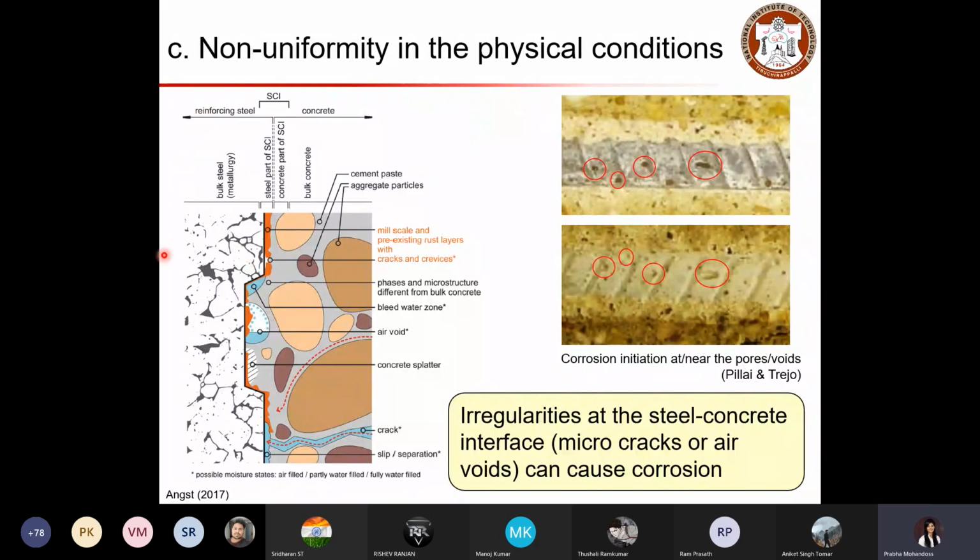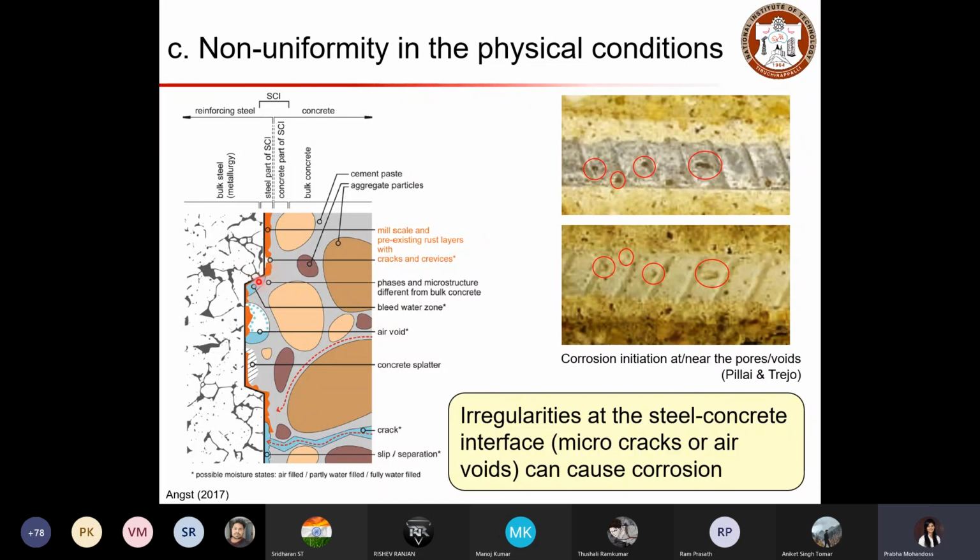Here this portion represents your reinforcing steel, and then you have your concrete here, and this particular section represents your steel-concrete interface. When you have such things, this may lead to the formation of a lot of air voids. You can see here a mill scale and a pre-existing rust layer with small cracks and crevices, right?